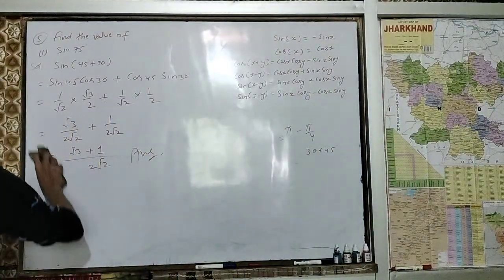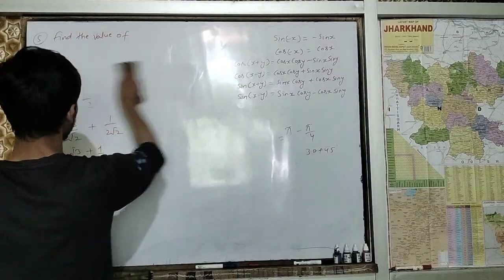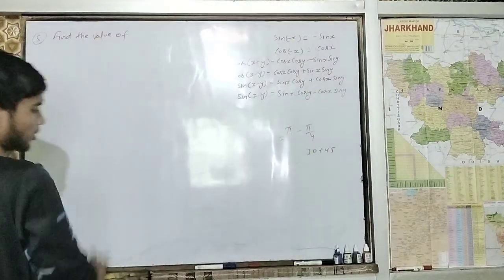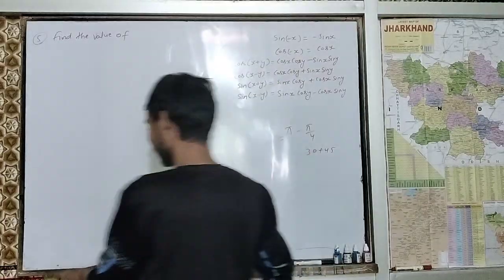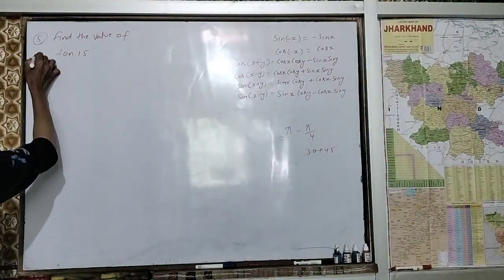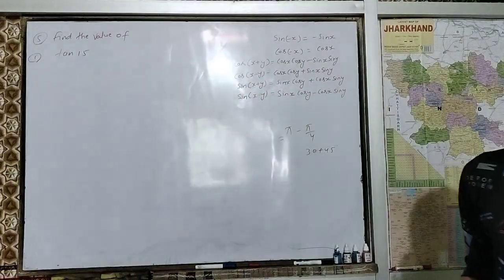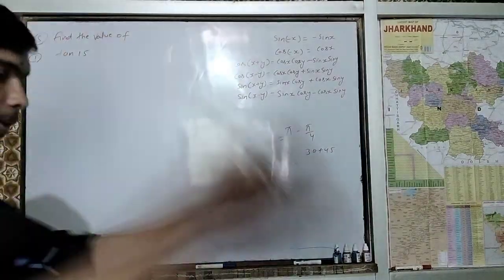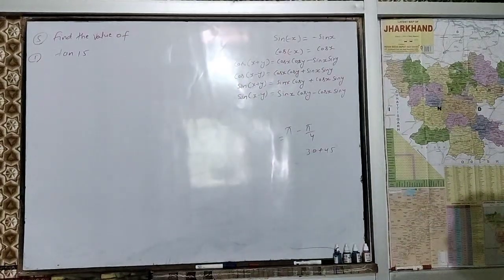Let me erase it. Yeah, I didn't write tan a minus b, tan a plus b. Don't worry, I will write that. So here we have tan 15. It is an unfamiliar angle. That's why we use a trigonometric identity so that we can bring the value of this angle of the trigonometric function.